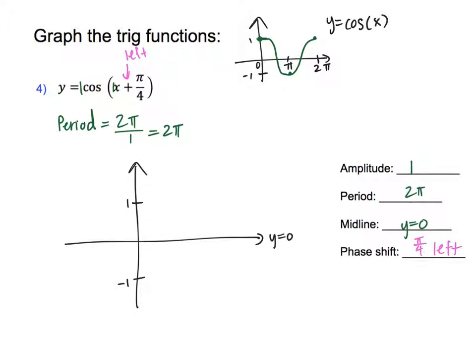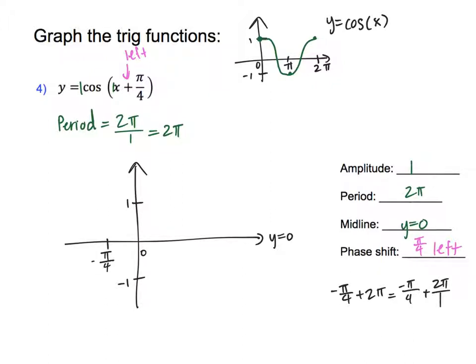And then I have to figure out if there's a phase shift. It looks like the phase shift here is pi over 4, but it's left. So that's going to be in the negative x values, and instead of starting at 0, I'm going to be starting at negative pi over 4. Then remember that you need to add your period on to your phase shift. So if I add 2 pi onto negative pi over 4, that's negative pi over 4 added with 2 pi over 1.